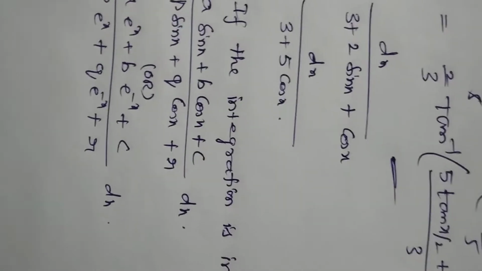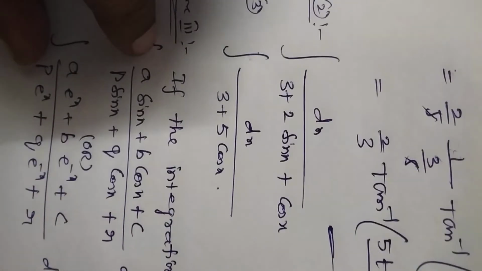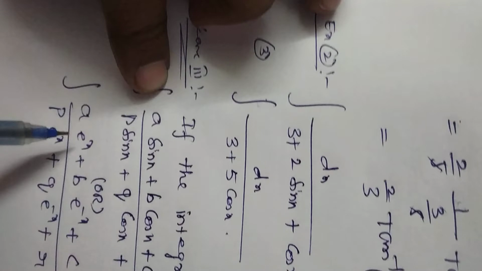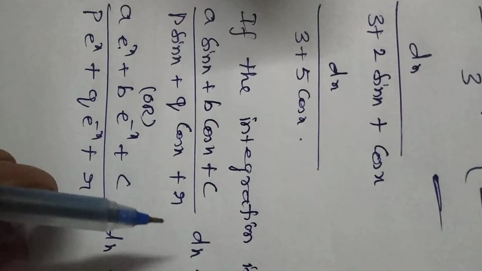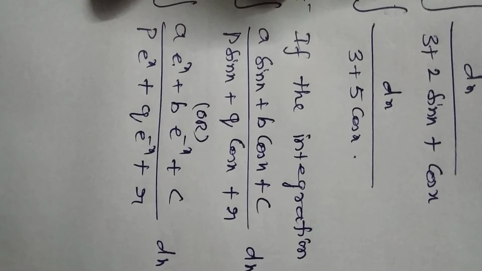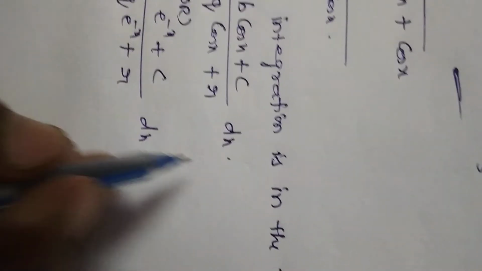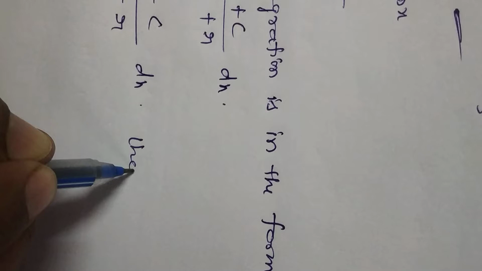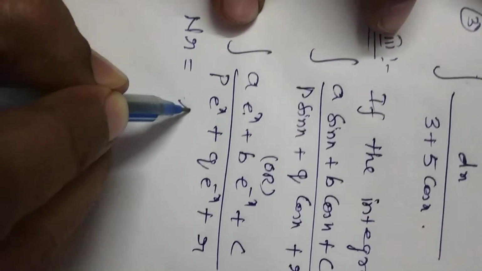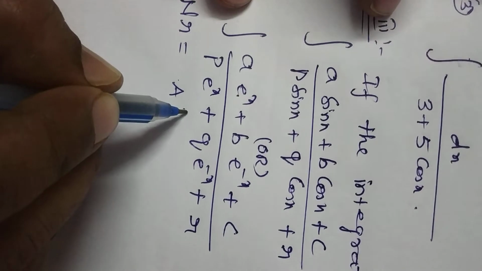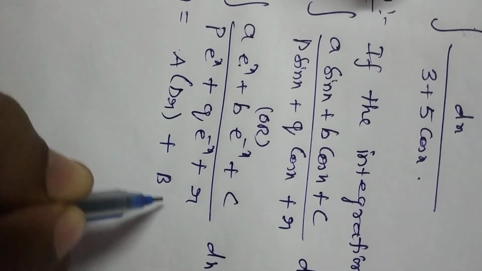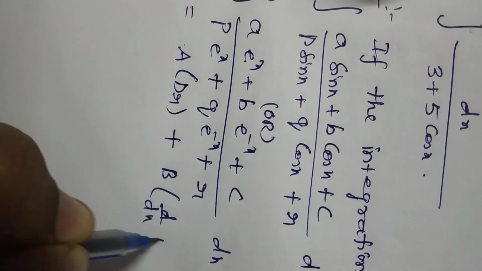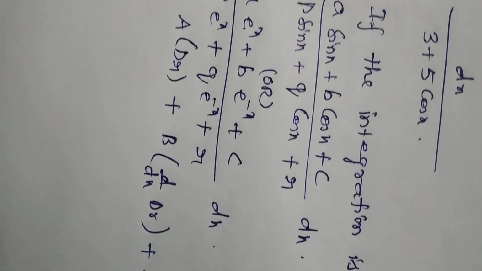So both are of the same type only, meaning in both cases here sin x is replaced with e power x. Both are of the same model only, so that's why I have given the same condition. Then in both of these cases, take numerator is equal to a into denominator plus b into d by dx of denominator plus c.